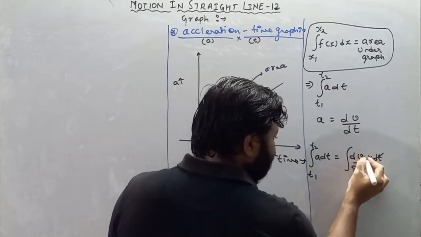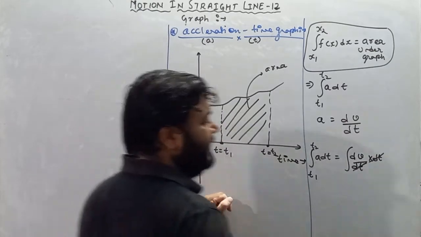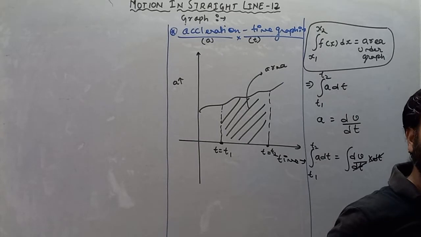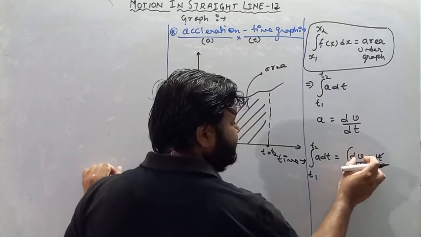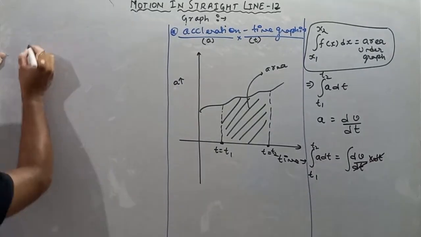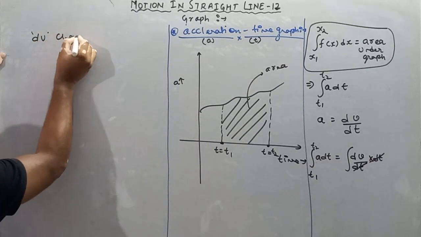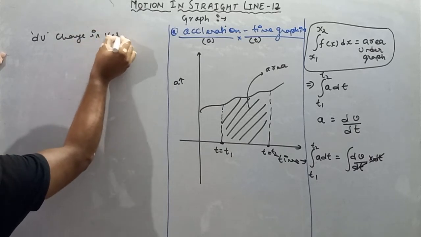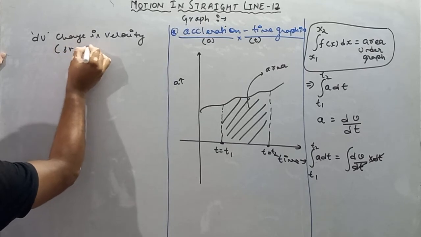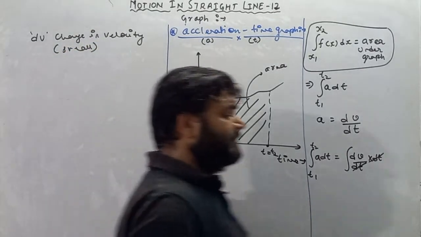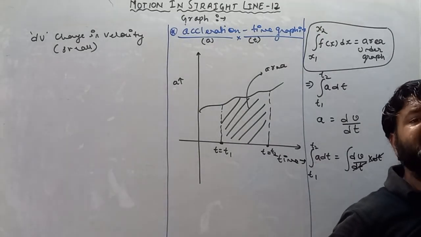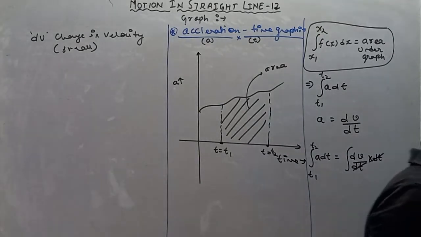So we know that if time is changing, then velocity is also changing. So this change in velocity dv is very small. We'll say that dv means change in velocity, and this change must be very small. So let's suppose velocity is changing by a very negligible amount.